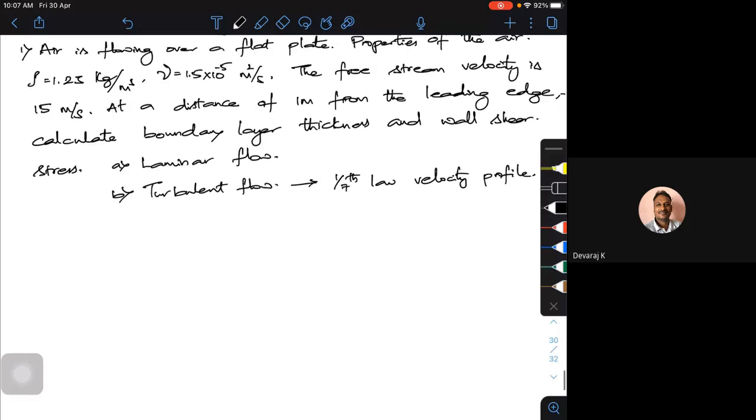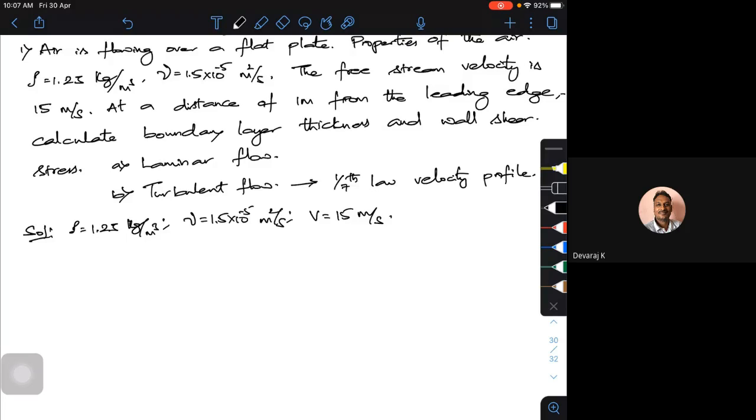Now anyhow, what is given in the solution? If you try to find the solution, they have given the density as 1.23 kg per meter cube, the kinematic viscosity as 1.5 into 10 to the power of minus 5 meter square per second, and the velocity as 15 meters per second.